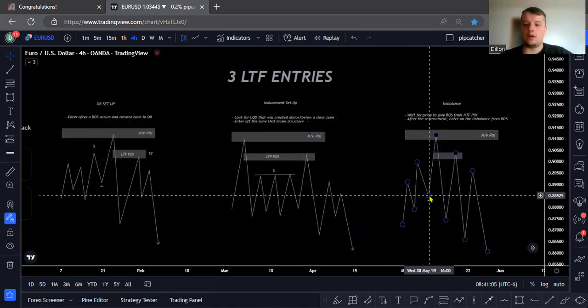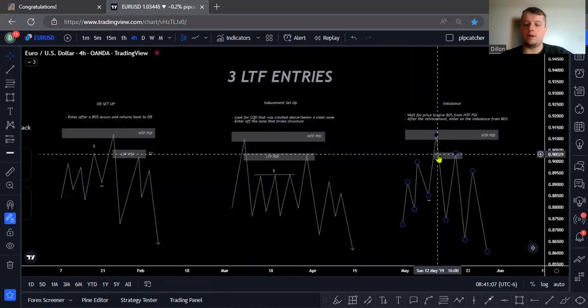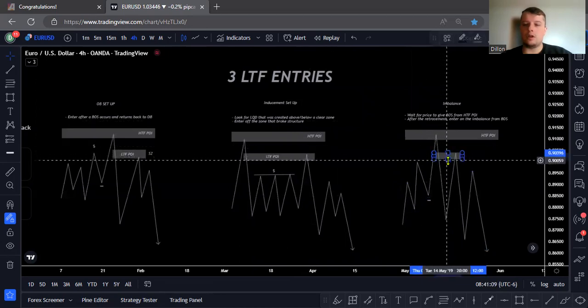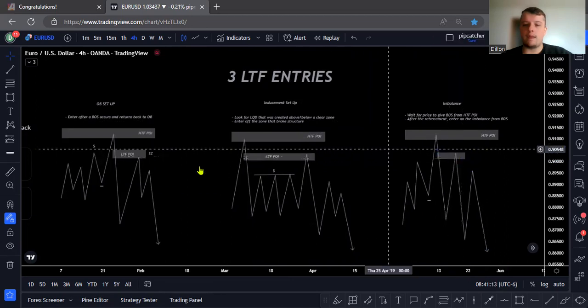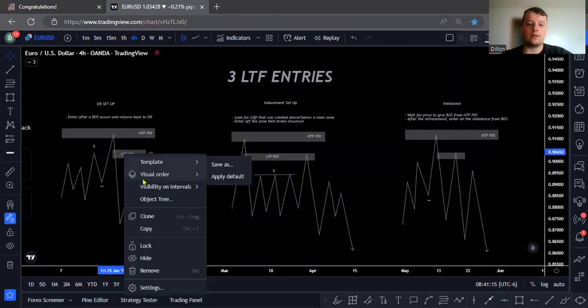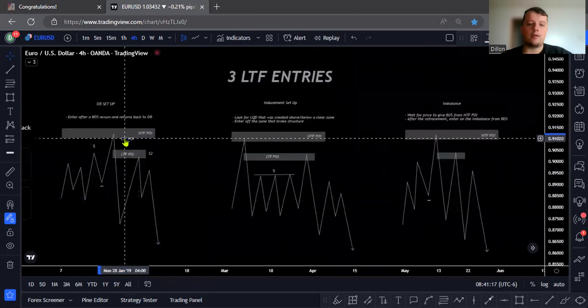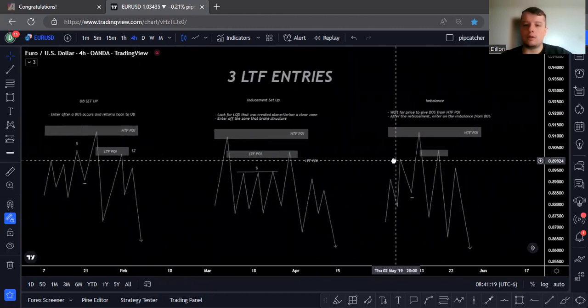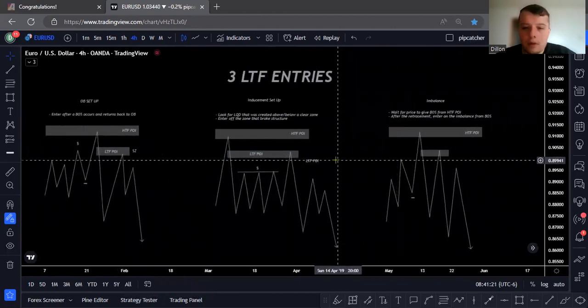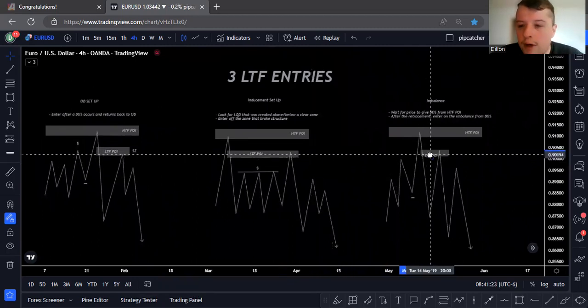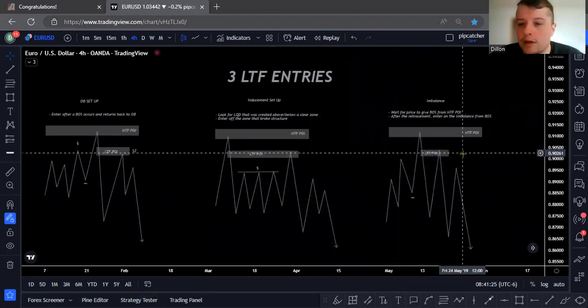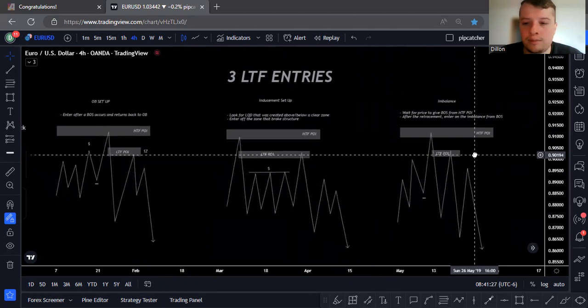So say here's your break of structure, but up here there is a huge inefficiency that you refined or whatever, right? So higher time frame point of interest, lower time frame point of interest here, right?